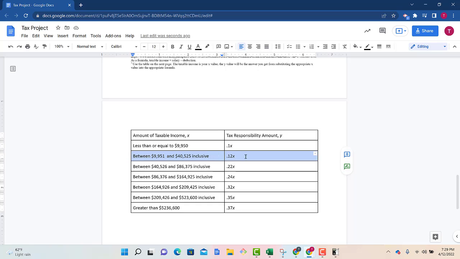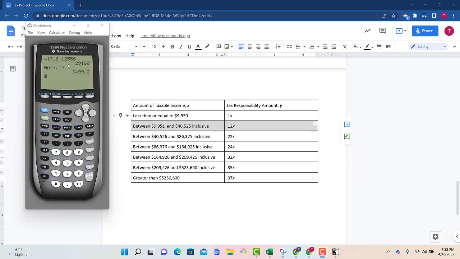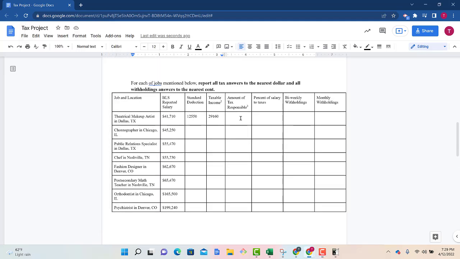You're going to multiply that by 0.12, and that's going to give you your tax responsibility. So as you can see, I multiplied 29,160 by 0.12, so it's just about $3,500, $3,499.20 to be exact.